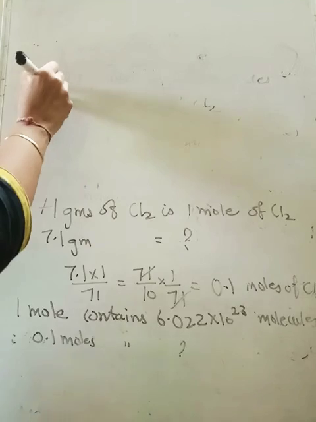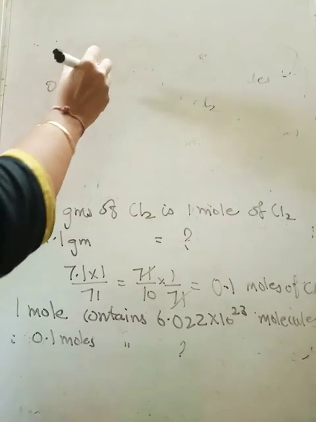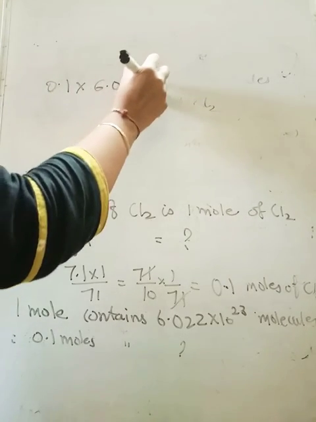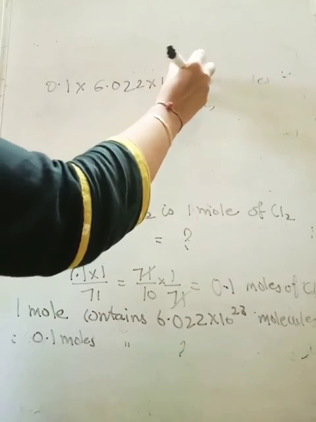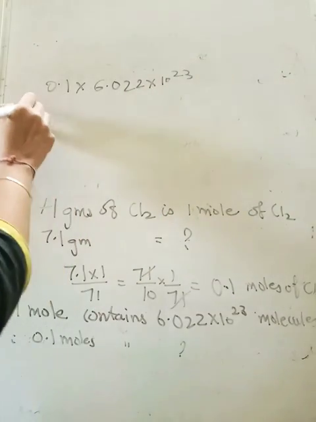So it will be 0.1 into 6.022 into 10 raised to 23.